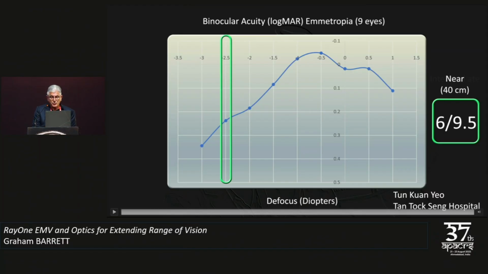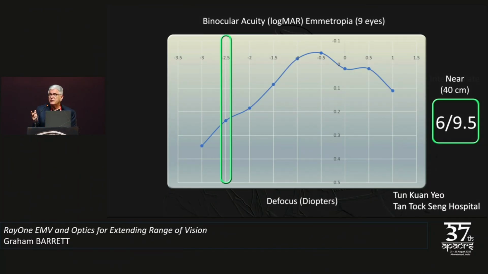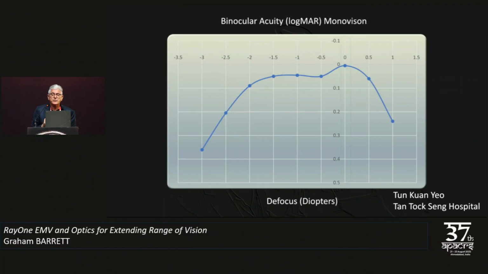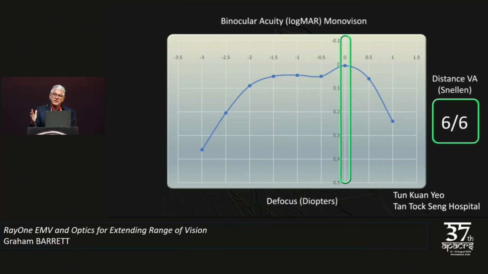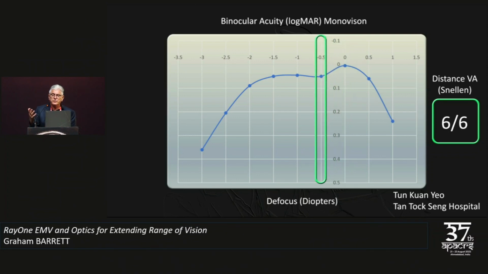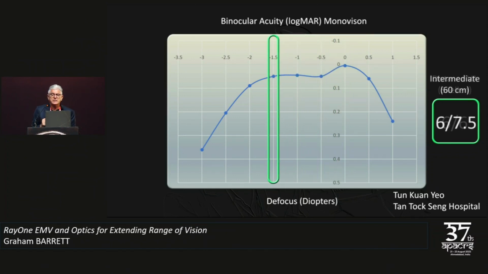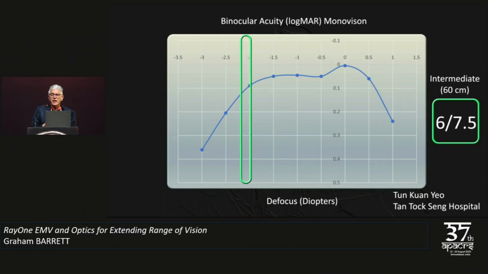But if you look at those patients who had modest monovision and look at their defocus curve, it's even broader. So the drop-off is further down the track, and you can expect good vision: 6/6 for distance, 6/7.5 for intermediate, and 6/9 for near.